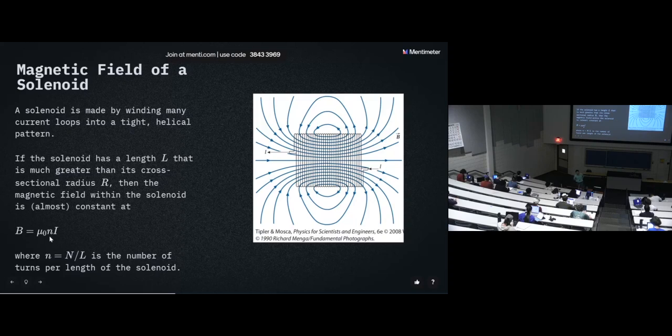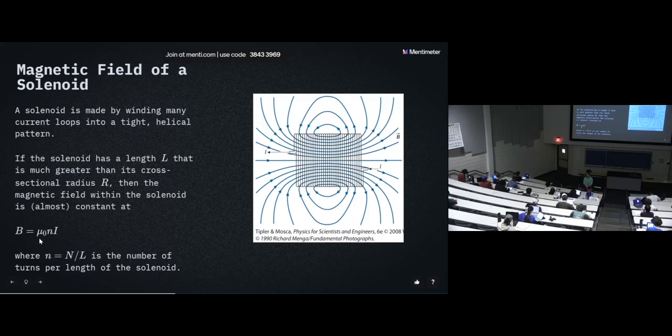Now, I just want to tell you, this magnetic field is shown here as being not constant inside of the solenoid. And that's because this solenoid does not meet the condition in the second paragraph here. That is what I'm trying to say, that the magnetic field is only constant inside of a solenoid if that solenoid is long and straight and has a whole lot of turns in it.